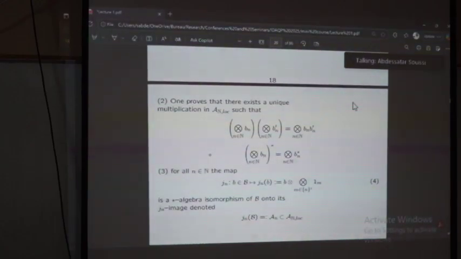Now the second step is to define the operations over this algebra. The product is defined on the local algebra. Of course, we all the time take elements that are almost finite, meaning only a finite number of B_n are different from 1, the identity.